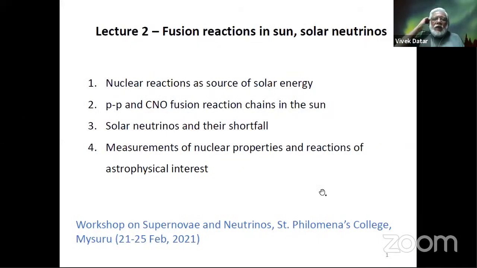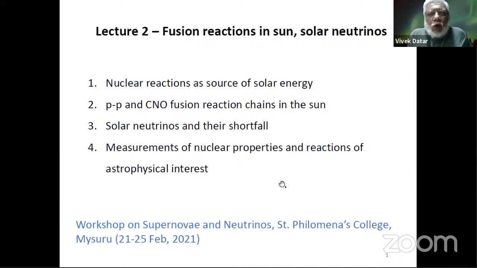Okay. So in this part, I intend to talk to you about the fusion reactions that occur in the sun. You have already seen these reactions, I think, in Murthy's talk. So the first part I had prepared, but I will skip that. Or maybe I could just remind you very quickly what are the fusion reactions that take place in the sun, and what is the evidence that we have that these reactions take place in the sun.